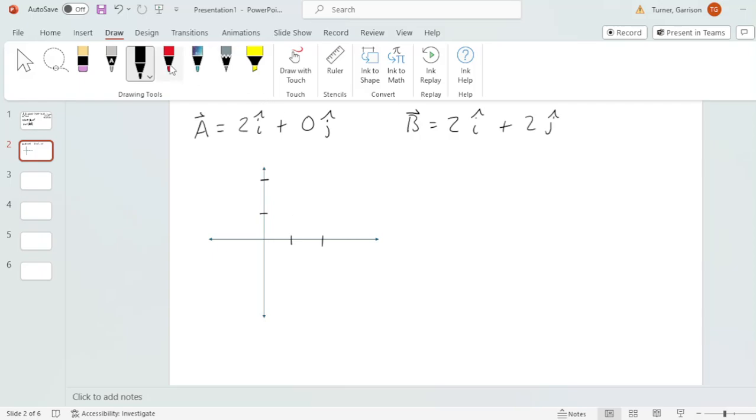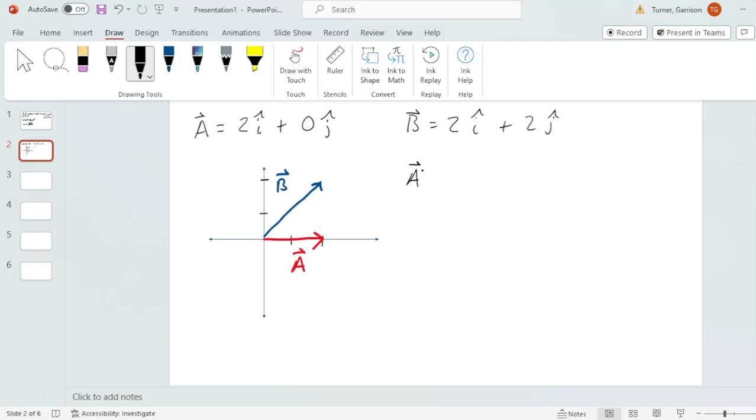Then vector A is going to be this vector right here, and vector B would then be this vector right here.